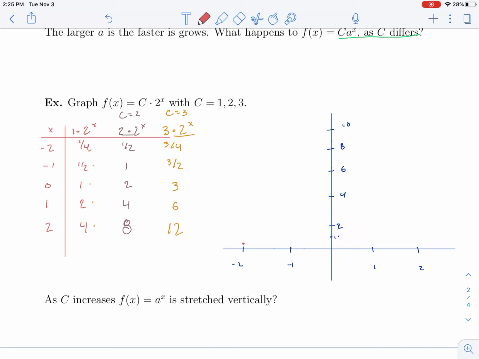So we know this is 1/4. Oh, that's too big. 1/2. 1, 2, and 4.